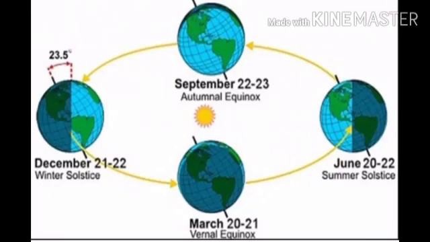When any one of the poles inclines the most towards the sun, 23 degree 30 parallel of that hemisphere receives perpendicular sun rays.